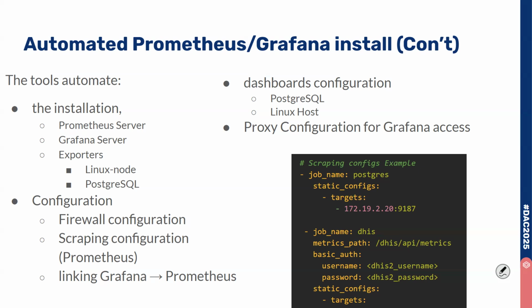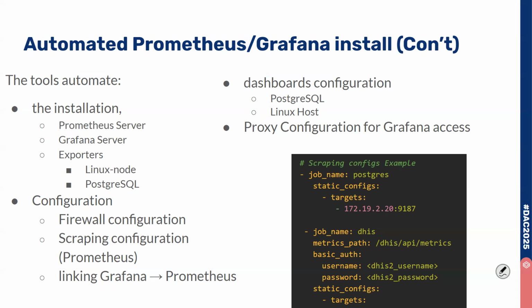The Linux node and the PostgreSQL database don't usually have API endpoints that Prometheus can connect to and scrape data from, but they have exporters. What exporters do is gather information from the node that they're monitoring, could be a Linux node or PostgreSQL, and then convert that data into a format that Prometheus is going to understand.